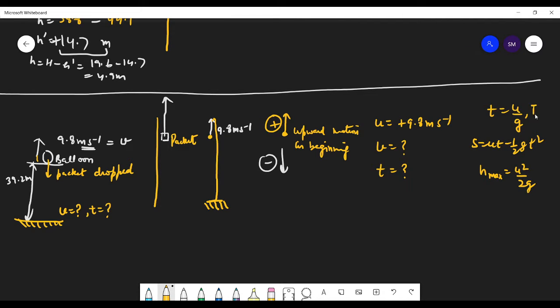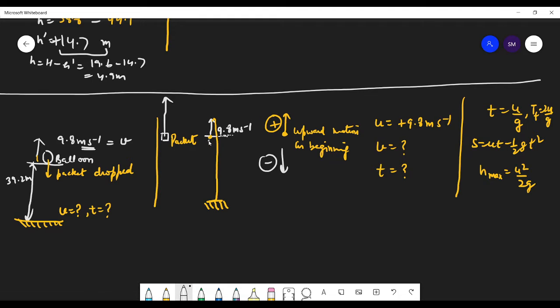And if you want to write the full time of flight, that will be 2u by g. So these are the formulas you have. If you use the time of flight, it will only tell you the time taken going upward and the time taken coming down from here. So it's not going to help us.